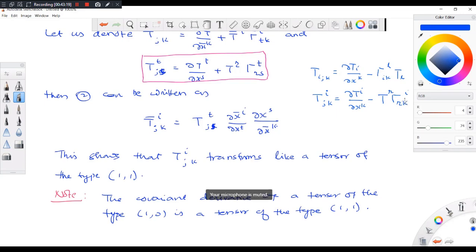So this plus. So when you compare the covariant derivative of a covariant vector and contravariant vector, you can see this difference. If it is covariant vector, here will be a minus sign. Okay, and if it is a contravariant vector, this will be plus 1.